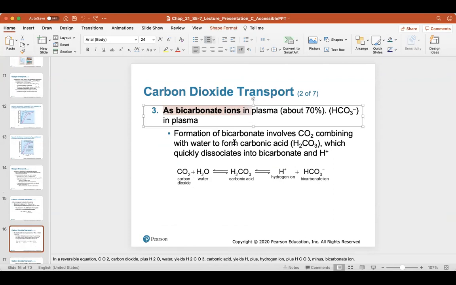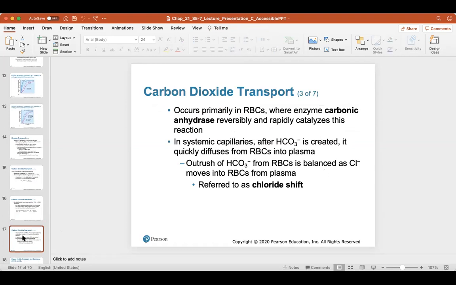The formation of bicarbonate involves carbon dioxide combining with water to form carbonic acid, which quickly dissociates into bicarbonate ion and hydrogen ion. So again, most of your carbon dioxide is transported in the blood as this bicarbonate ion.